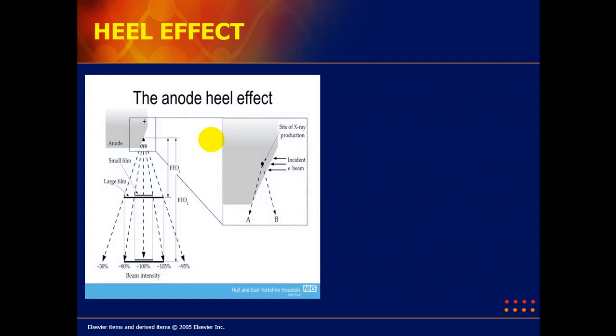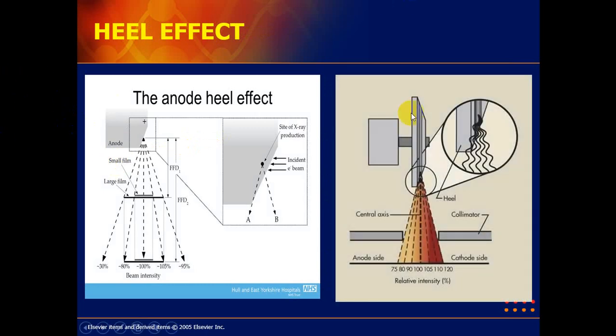So, kaya siya sinasabing anode heel effect. During the anode heel effect, mas malaki ang intensity sa cathode area. Why? Kasi, tingnan mo naman, this is the anode side and this is the cathode side.